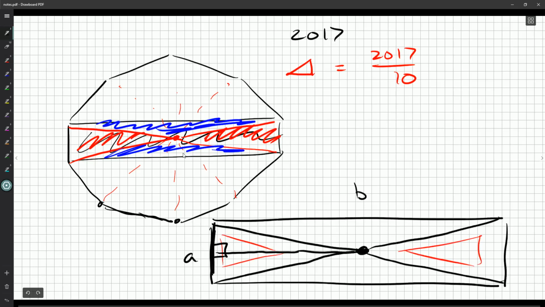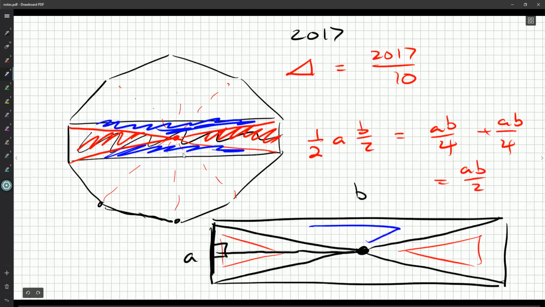So each of the 2 red triangles has an area of 1/2 times base A times height B over 2. So there's AB over 4. Each triangle has 1/4 the area of the rectangle, so two of them together would be 1/2 the rectangle. And so what does that leave? The remaining blue area, just to match with our original diagram, would also have an area of half the rectangle. Right? Because it has to add up to the full A times B area of the rectangle.